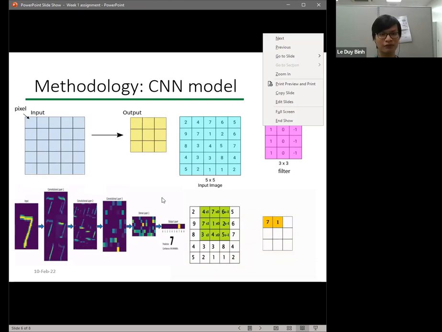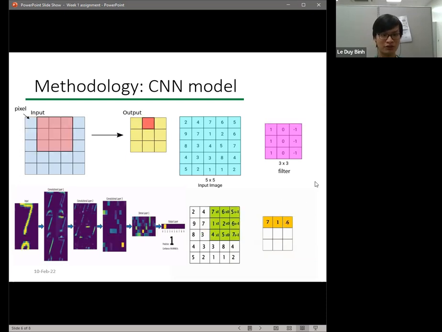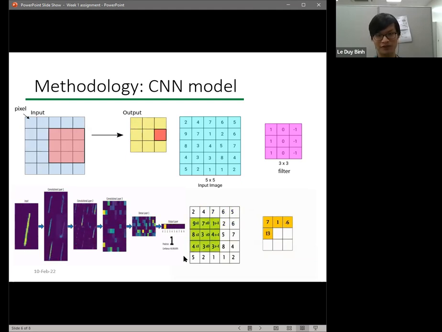If we apply filters with appropriate values, we can detect the oblique line, and then the horizontal line, and the model will say it is actually the number 7 with about 100% confidence. It's really impressive, isn't it?